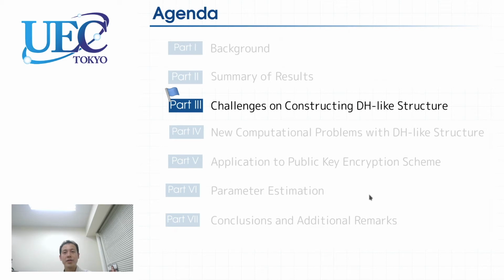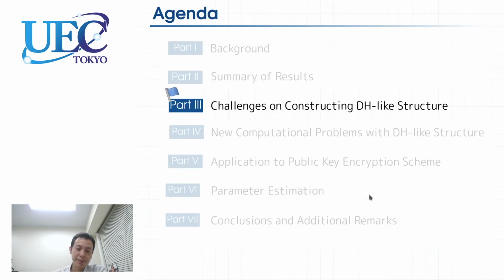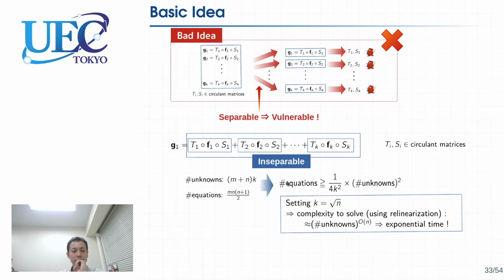Our research question is how to redesign the IP2S problem such that, first, we can control the number of unknowns and equations appropriately, and second, we have Diffie-Hellman-like structures. The basic idea is as follows.